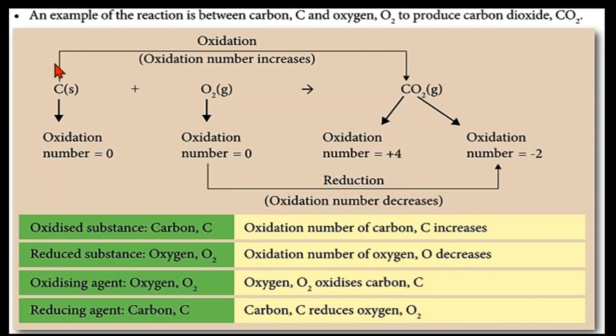So, when carbon undergo oxidation, dia adalah agent apa? Reducing agent. Okay. And this one, the oxygen undergo reduction. So, when oxygen undergo reduction, dia adalah agent apa? Oxidizing agent. Right? Oxidizing agent.